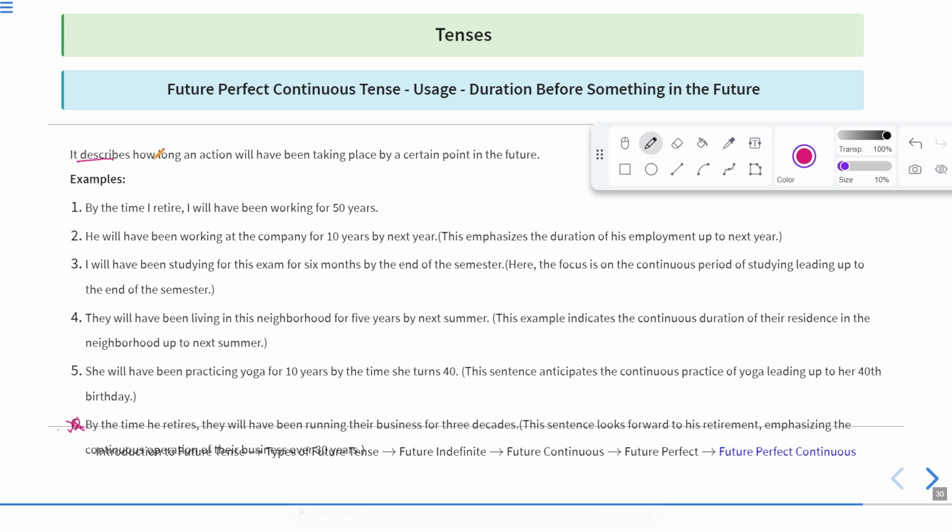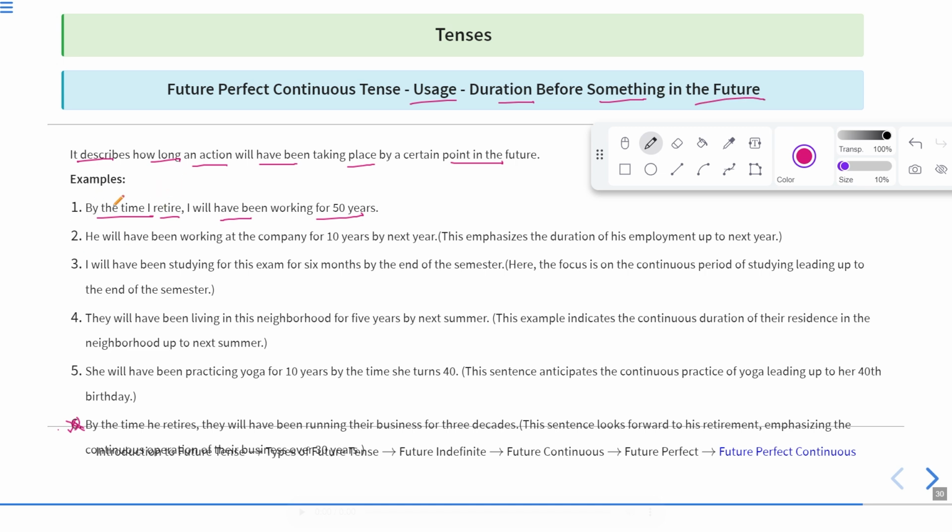Okay, it describes how long an action will have been taking place by a certain point in the future. By the time I retire, I will have been working for 50 years. Okay, here a person is thinking. Now this future perfect continuous tense. The first usage is to show duration before something in the future.